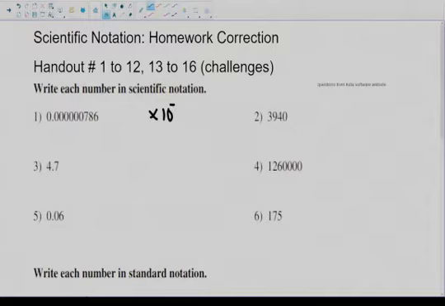Well, the only way to get a decimal number is to have a division by 10, and a division by 10 is shown by a multiplication of 10 to a power that's negative. So if you can start getting used to the idea that as soon as you see this, like for instance this one here as well, that's going to be a 10 to the negative something, okay? And that might help in remembering how this works.